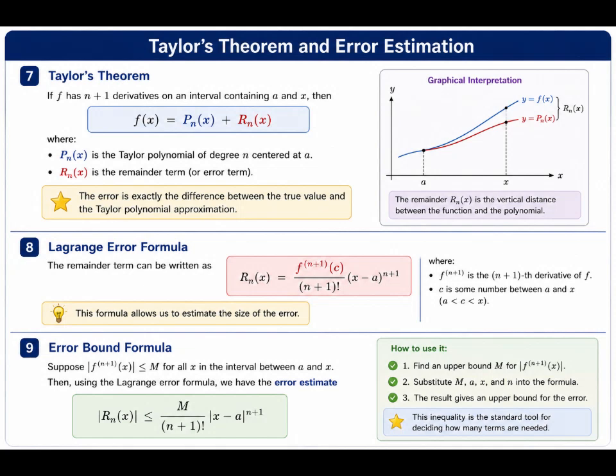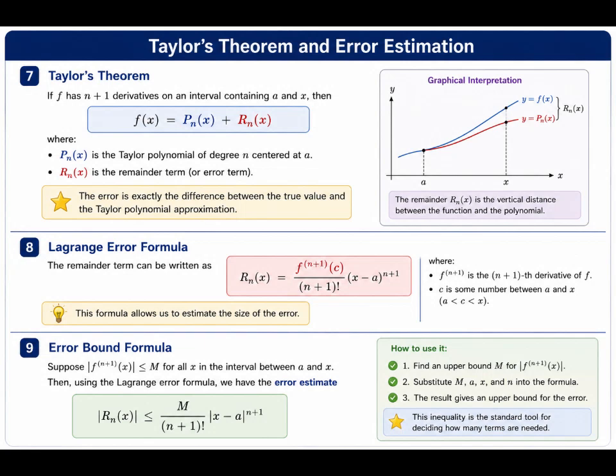According to Taylor's theorem, the exact function value equals our polynomial approximation plus a remainder term denoted as R sub n of x. Here, P sub n of x is the Taylor polynomial and R sub n of x is called the remainder term or error term. The remainder represents the difference between the true value of the function and the value predicted by the Taylor polynomial.